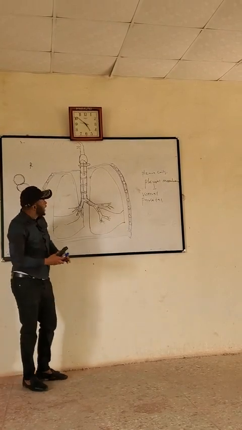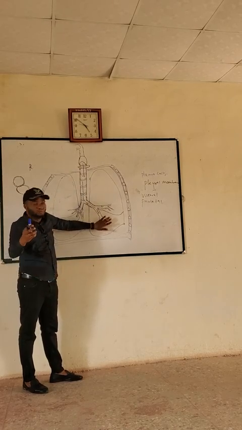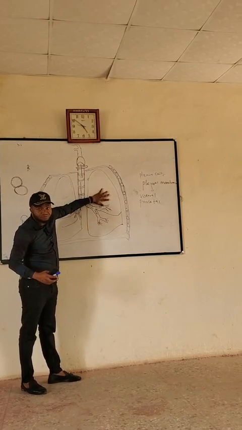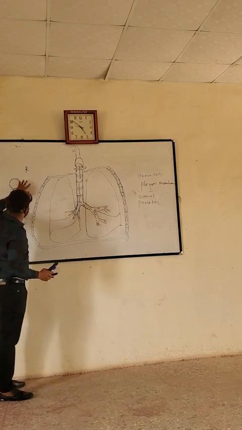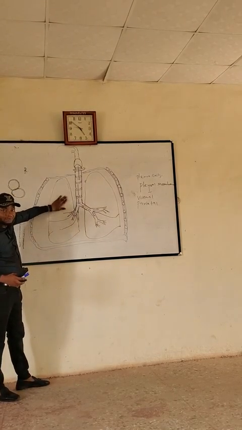Already we know that the left lung has two lobes. As you can see, this is one lobe, this is another lobe. Then on the right lung, we have three lobes: 1, 2, 3.